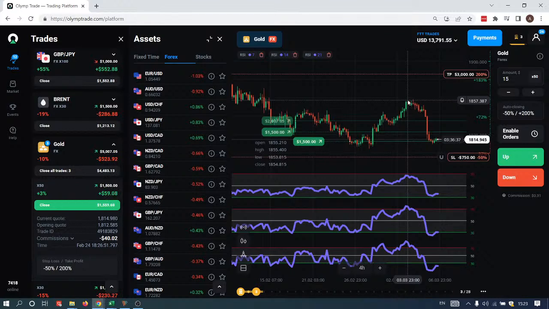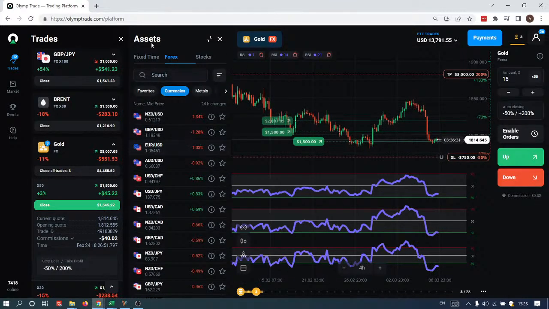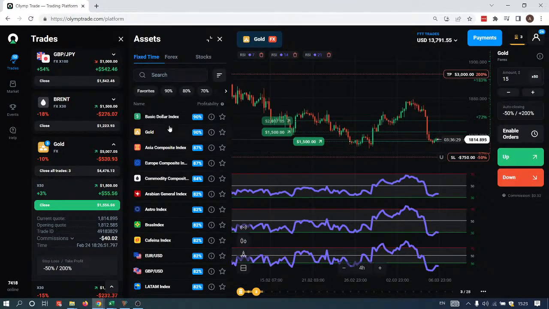The markets just started sliding, and gold also slid. Gold, Brent, so basically all the commodities and cryptos as well, and Nasdaq slipped as well. So it was a red day on the markets yesterday.